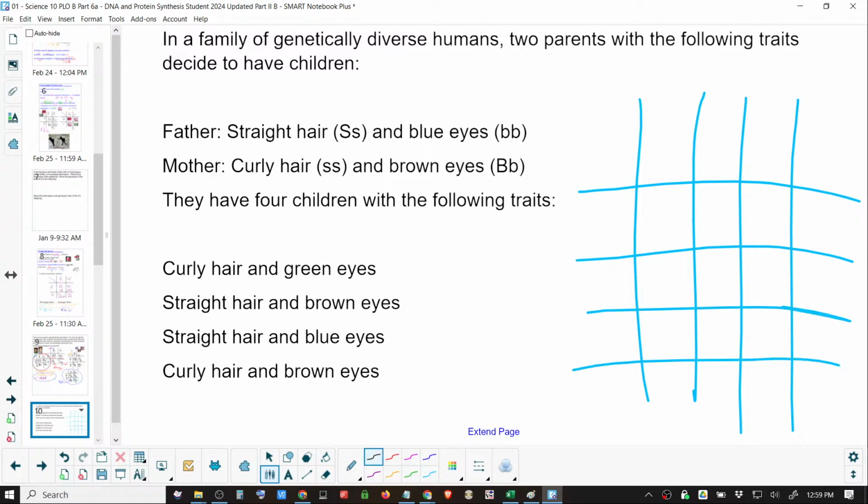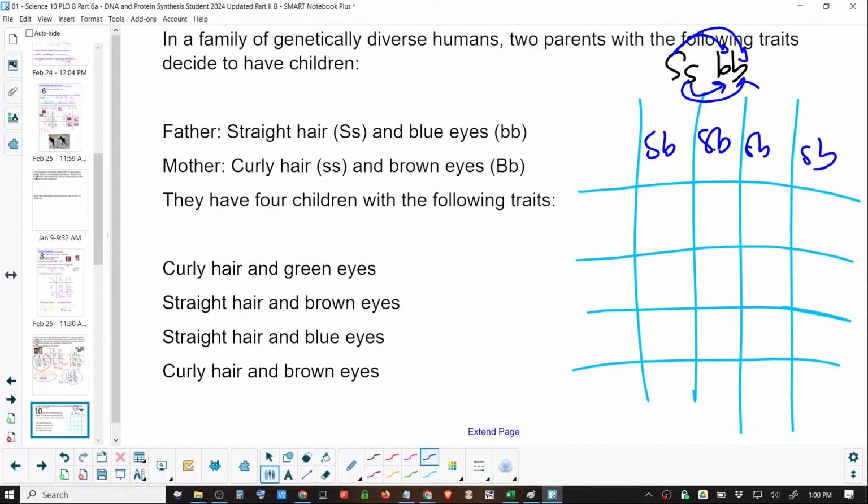If I took dad, it divides in half. So this one goes with that one. This one goes with that one. That one goes with this one. And that one goes with that one.